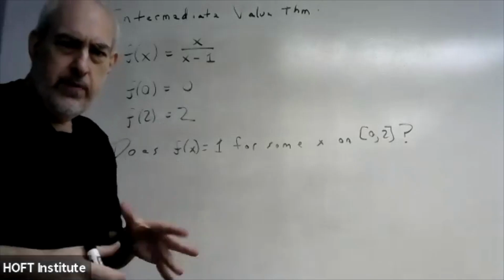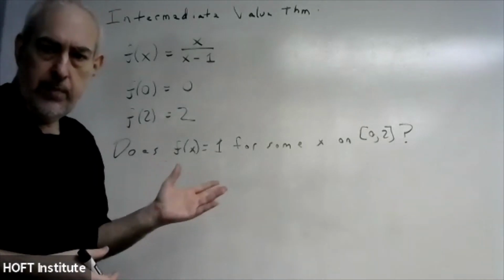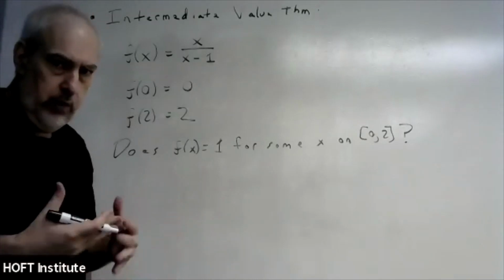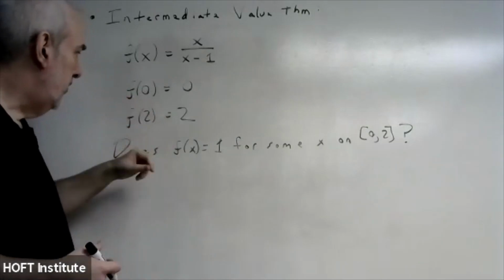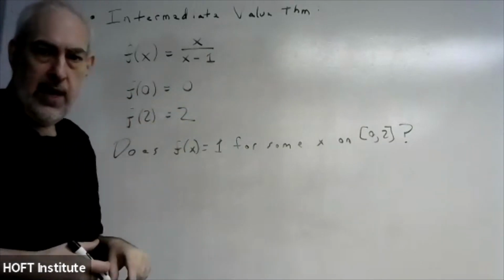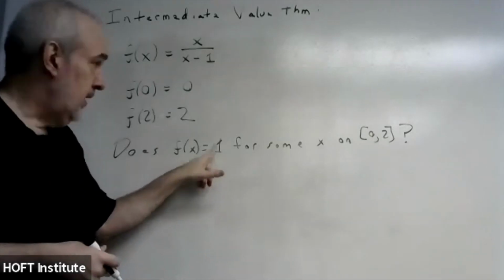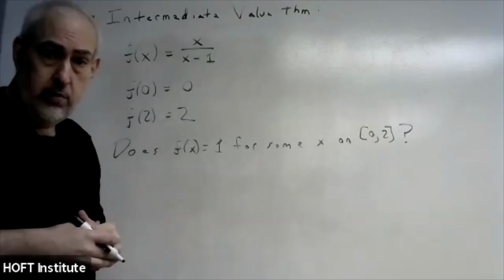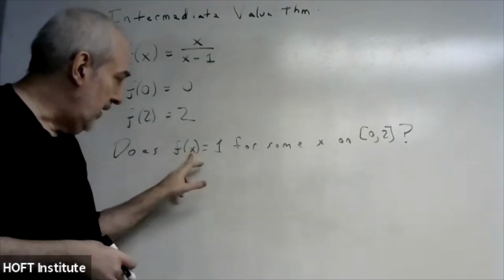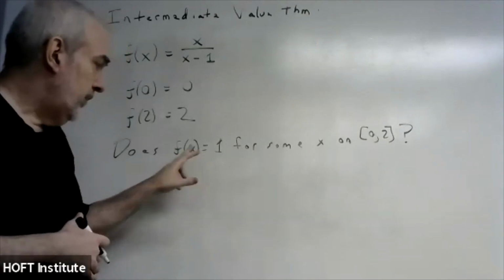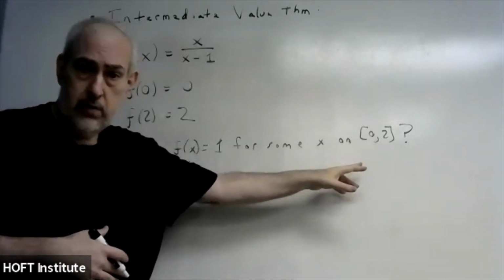In other words, this problem is sort of trying to trick you to think, does the intermediate value theorem apply? Because it sort of looks like it if you just look at these things. A and B would be 0 and 2, and your f of A and f of B are also 0 and 2, and 1 is between f of A and f of B, the 0 and the 2. So by the intermediate value theorem, doesn't that mean that there's some value C for which f of C equals 1 on the interval 0 to 2?